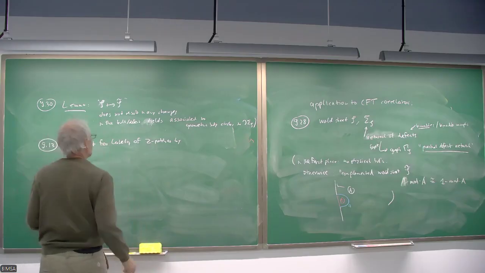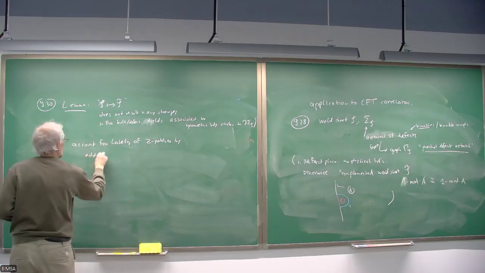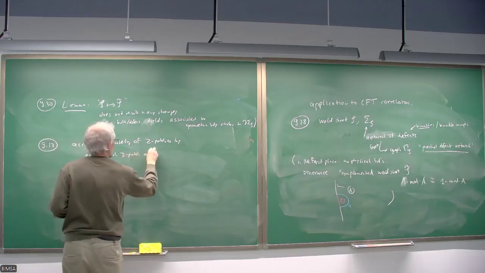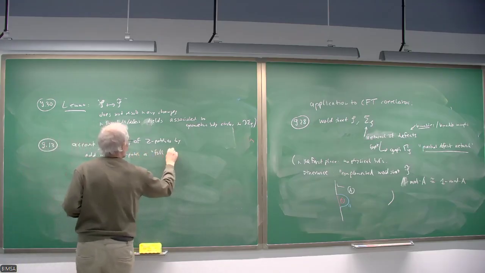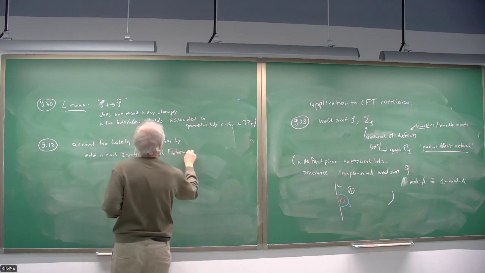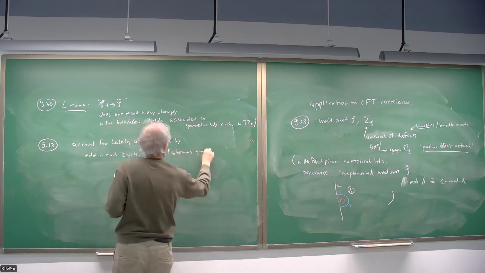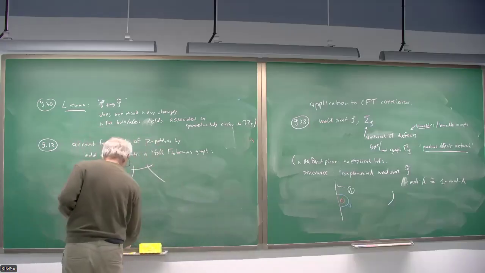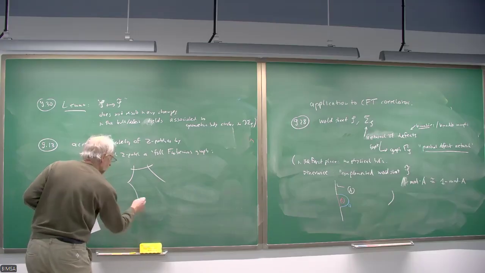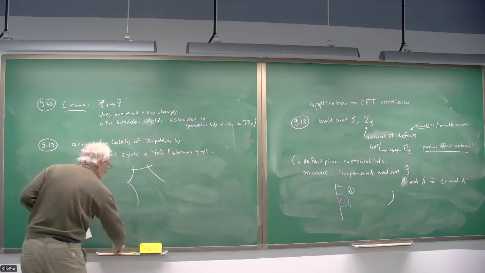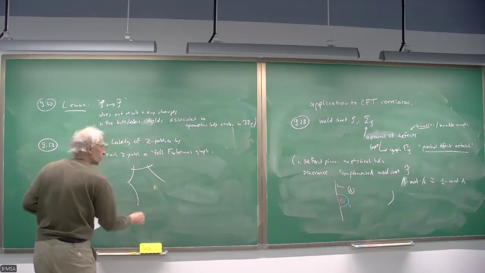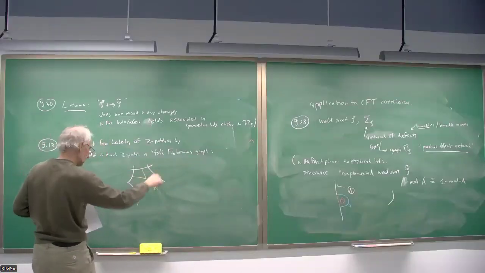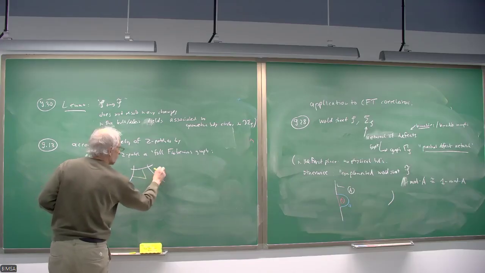By the following prescription, add in each two-patch what is called a full Frobenius graph. And instead of writing a long definition, let me just indicate what that looks like. So if I have a two-patch labeled by Frobenius algebra A, I insert a graph. So this is the partial defect network.